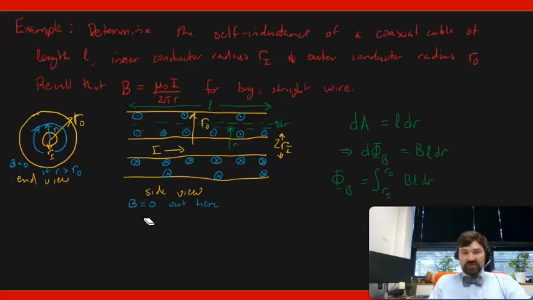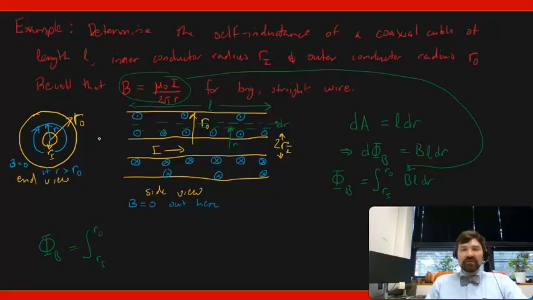Now, making use of this Ampere's law to substitute for the magnetic field, we basically therefore get that phi sub b is equal to the integral from the inner to the outer of mu naught times I divided by 2 pi times r times L times dr. And so upon integration, we know that most of this stuff is constant relative to dr. You basically have a bunch of constants and then a 1 over r dr. You know that 1 over r integrates to the natural log of r.